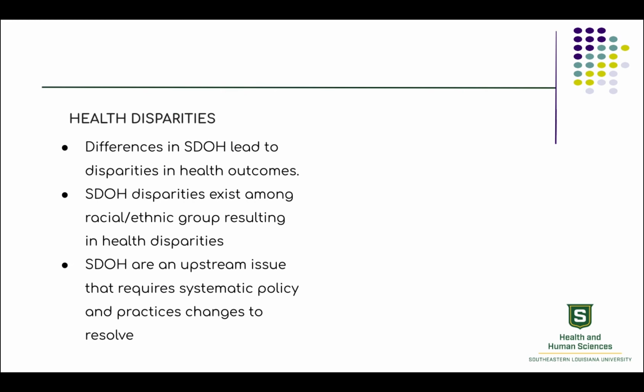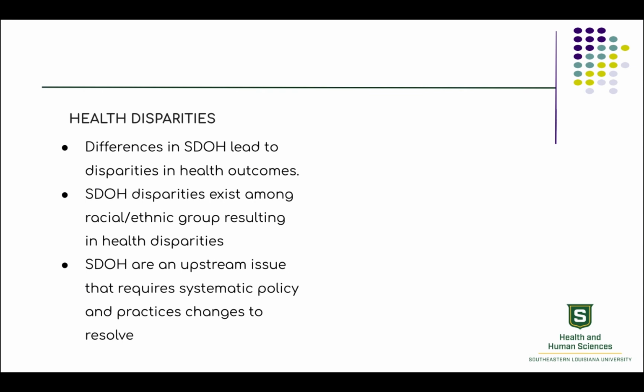So, using this example, you have differences in social determinants of health leading to disparities in health outcomes. You see social determinants of health disparities existing among racial or ethnic minorities, which result in health disparities. And then you have the upstream social determinants of health. At the upstream level, we're talking about systemic policies, and having to change things from a political end.